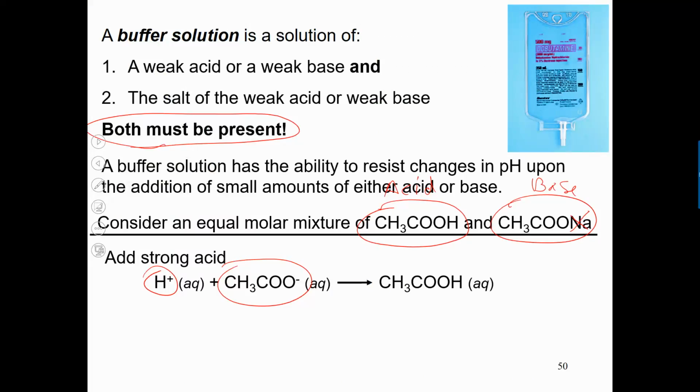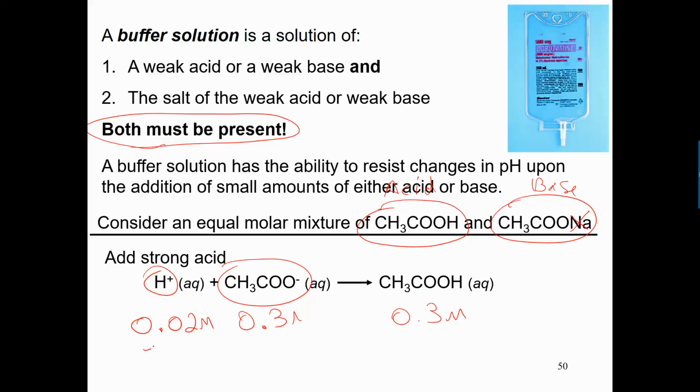Okay, so if I set this up in an ICE/RICE table format, let's say I have 0.3 molar acetate and 0.3 molar acetic acid. Okay, and I add 0.02 molar H plus.